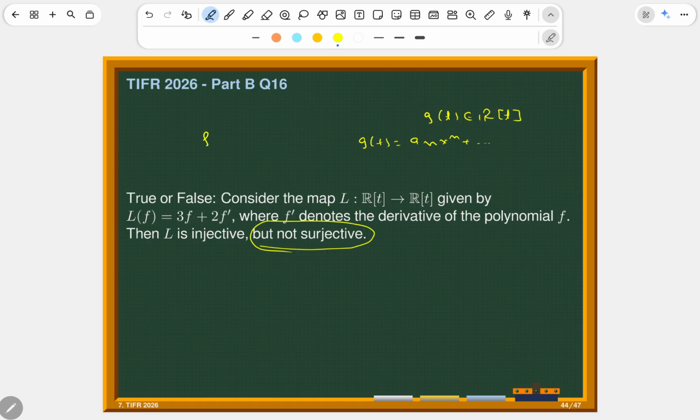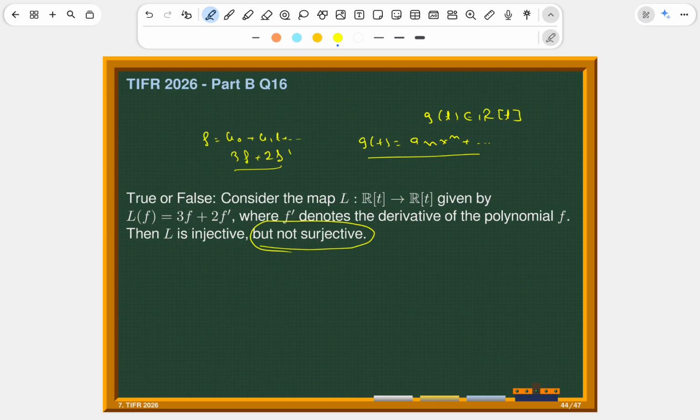What you can do is set g to be some b0 plus b1 t and so on, then calculate 3f plus 2f prime. You set both of their degrees to be the same, and then you can compare the coefficients. Every time, given a polynomial, you can manipulate the coefficients and construct a polynomial to prove that L is surjective. And moreover, if we restrict it to the n-dimensional polynomials, you will see that the corresponding matrix will be an upper triangular matrix with non-zero diagonal entries.